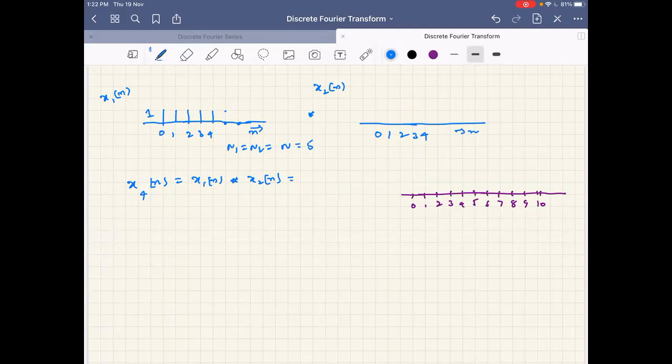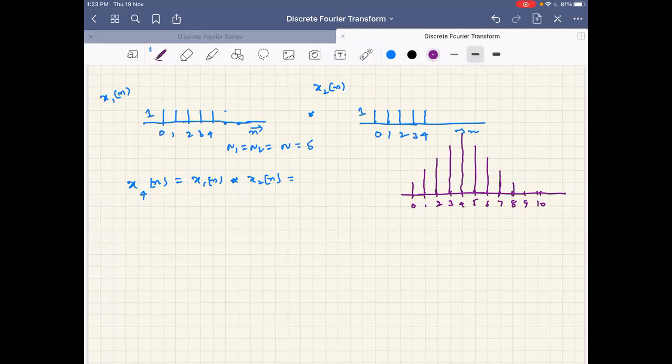The magnitude is 1 for each sequence. Now let us sketch. The overlap starts from when this gets flipped and starts sliding. Overlap starts from 0, that's why 1 here, and then 2, 3, 4. The overlap is maximum at 4 and the value is 5. Then it starts decreasing, and reaches 2, 1.